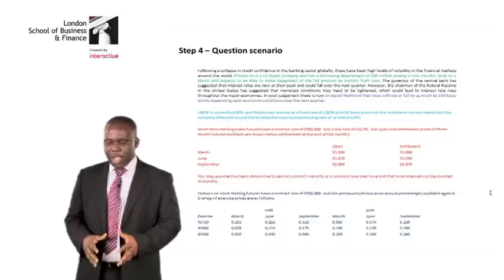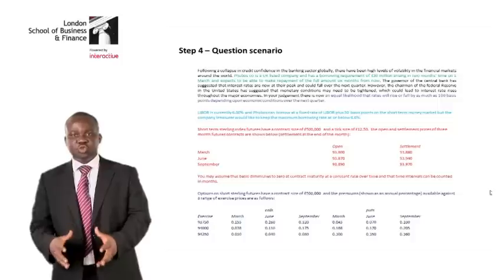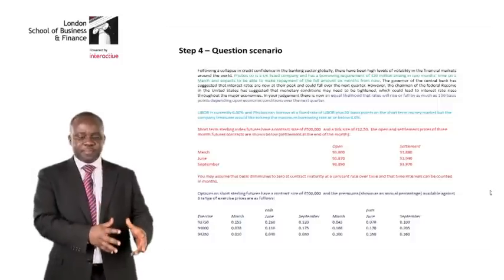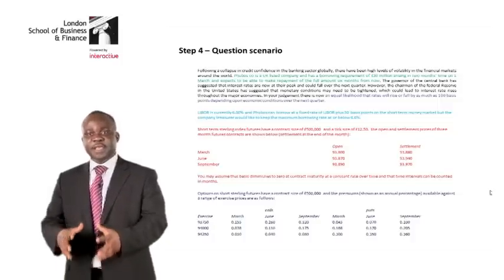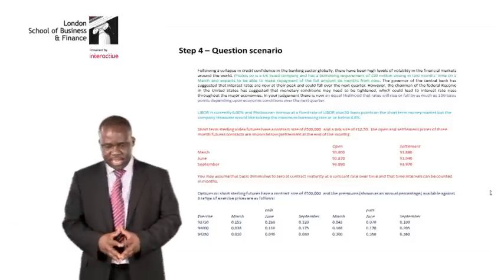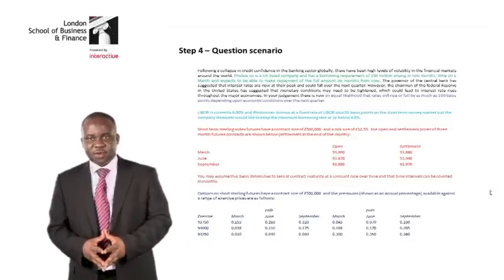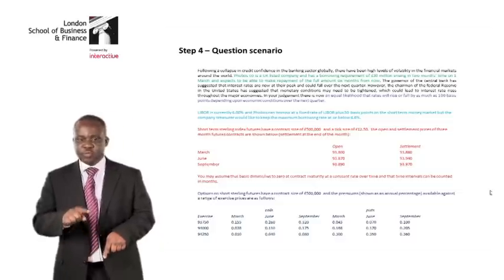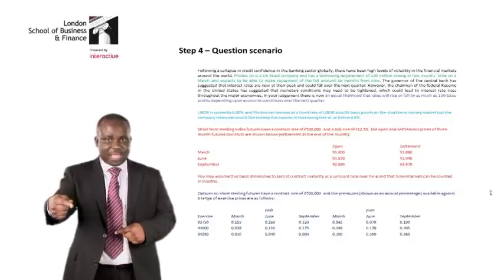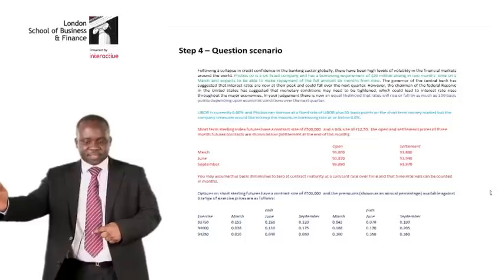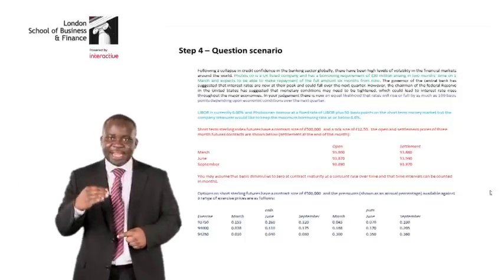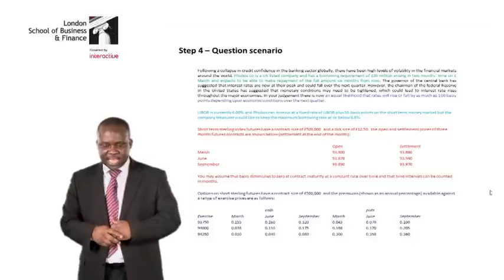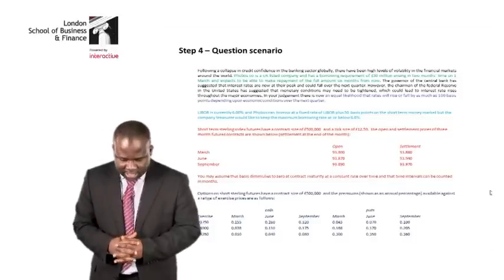So if we had to go and borrow now, how much should we pay? We would pay LIBOR plus 50 basis points, and therefore it would have been 6.5%. However, we are not borrowing now. We're going to borrow in 2 months' time for a period of 4 months. That is the reason why you need to link the important aspects of the scenario to each other.